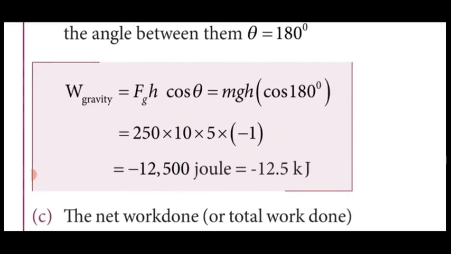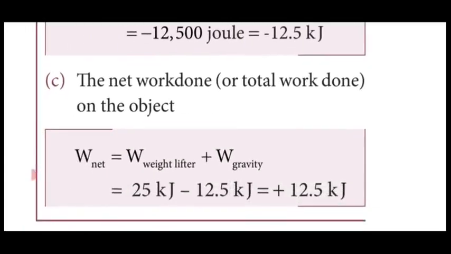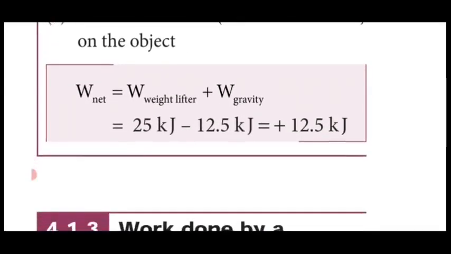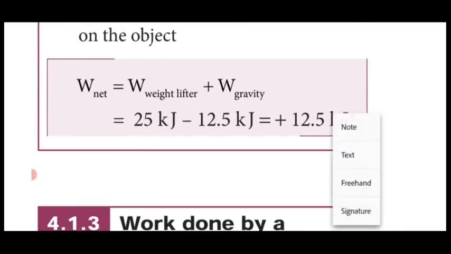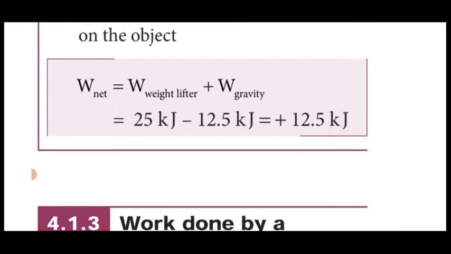So 250 into 10 into 5, into minus 1, we will get minus 12,500 joule, that is minus 12.5 kilojoule. Now we are going to calculate the total, adding both: 25 minus 12.5 kilojoule, we will get 12.5 kilojoule. This is the answer for this problem.